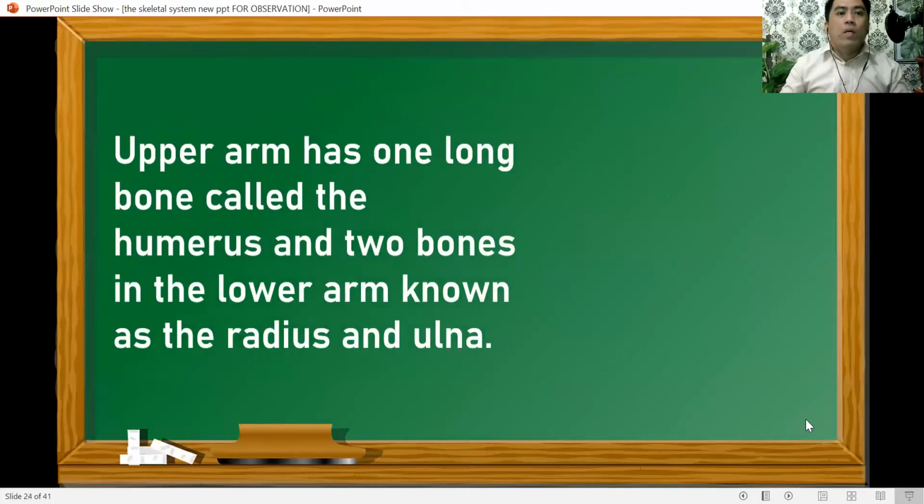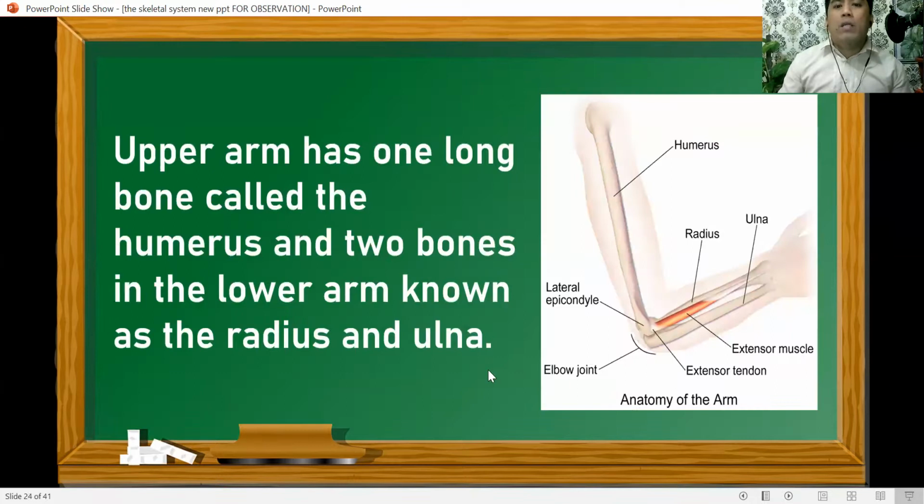Next we have, so the upper arm has one long bone called the humerus. So ito yan, the upper arm natin, di ba? So ang tawag dito, mula dito sa siko natin hanggang dito sa may balikat, ang tawag dyan ay humerus. And two bones in the lower arm called the radius and ulna.